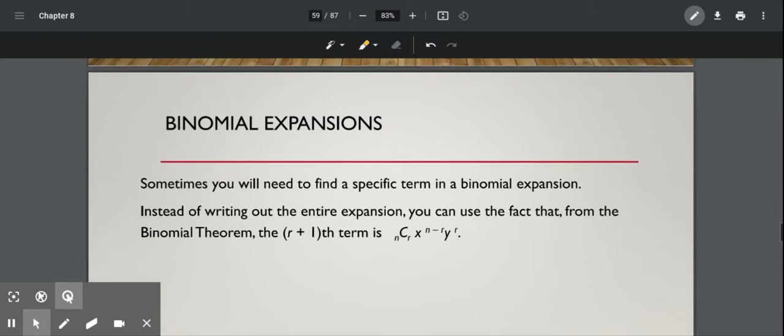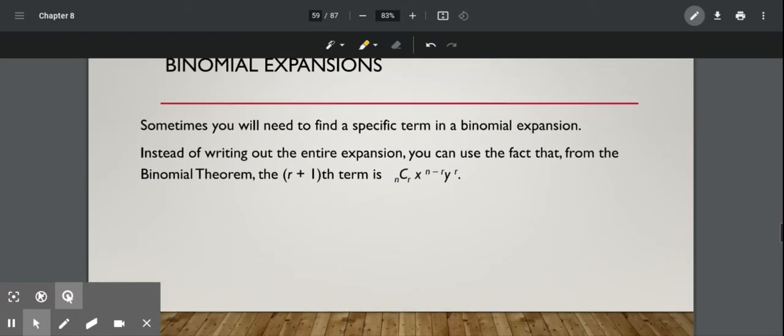So sometimes with your binomial expansions, you'll just need to find a specific term in the expansion. And so instead of expanding the whole thing, you're really just using the rule from the binomial theorem that the r plus 1 term is this rule.